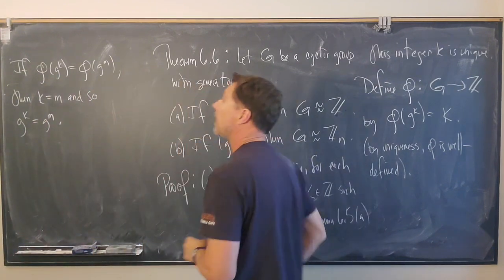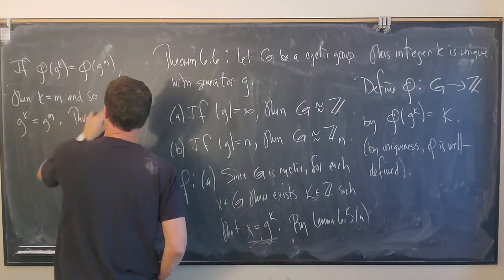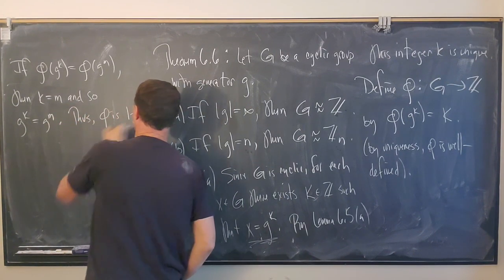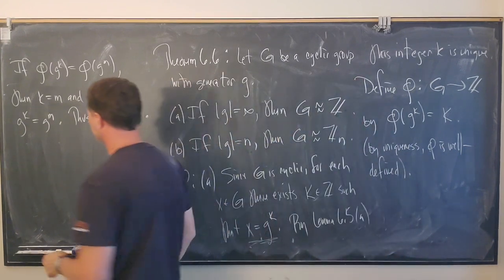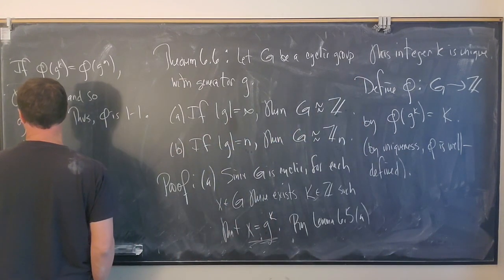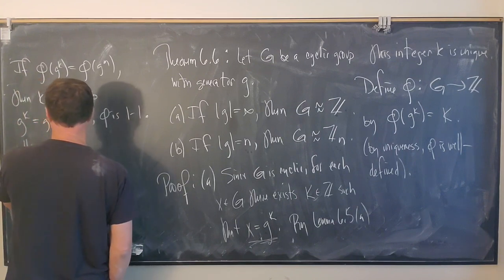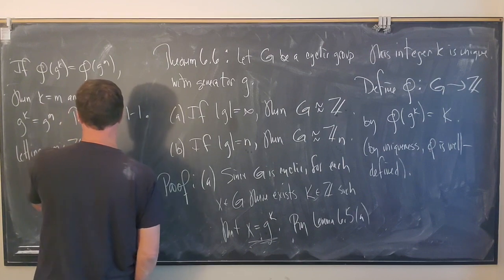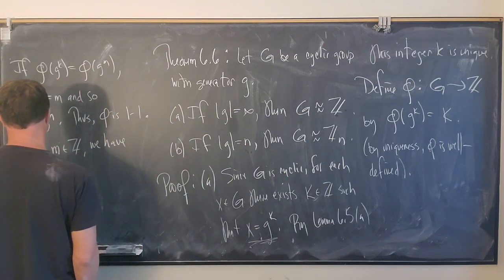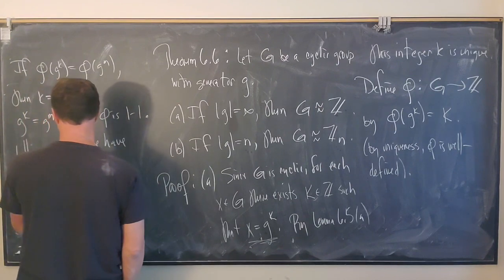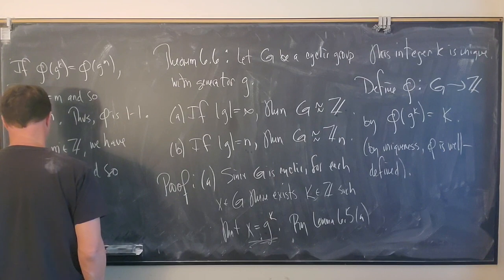That tells us that our function is one-to-one. Thus, phi is one-to-one. Now to see that it's onto, letting m be an element of Z, we have phi of g to the m equals m, and so phi is onto.